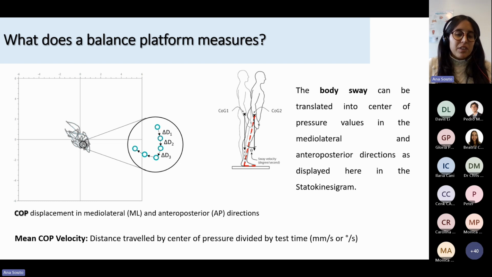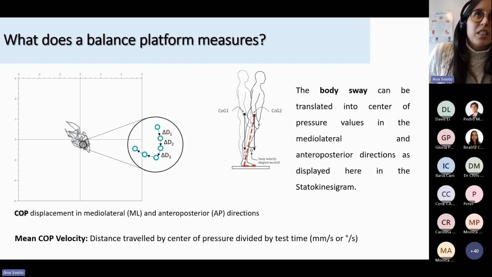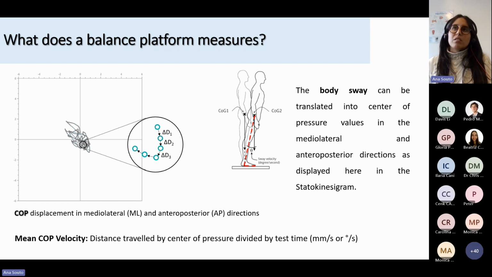It's a very used parameter for assessing postural control in clinical practice, and it's also a very frequent parameter in research. So you will find a lot of studies that talk about the mean COP velocity.